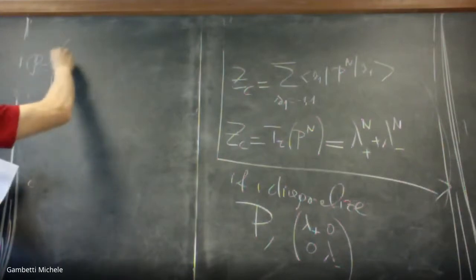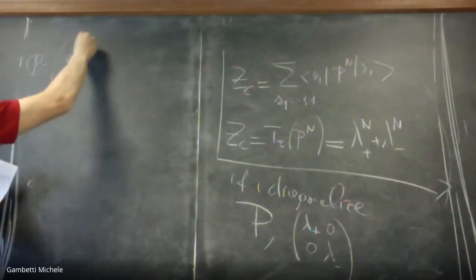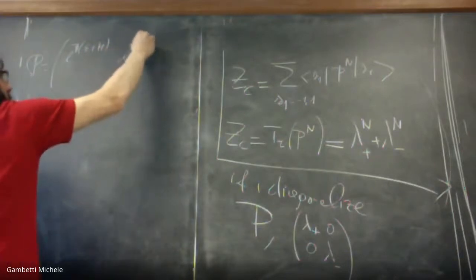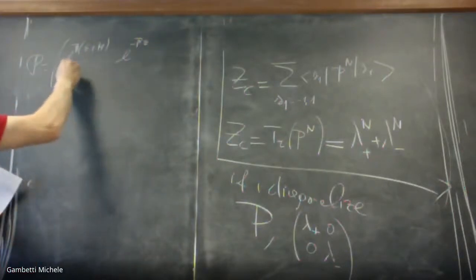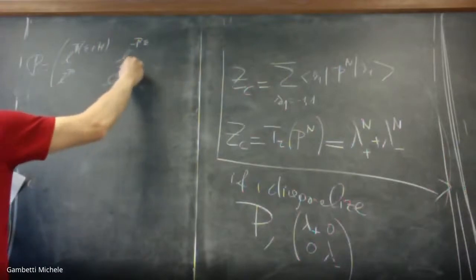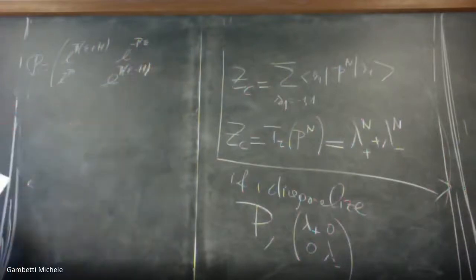P is equal to e^(beta epsilon plus H), e^(-beta epsilon), e^(-beta epsilon), and e^(beta epsilon minus H).